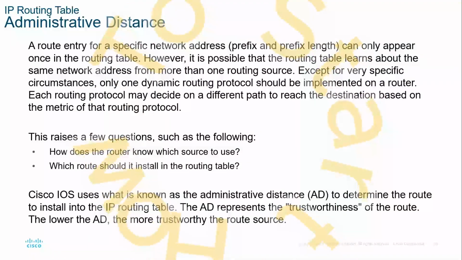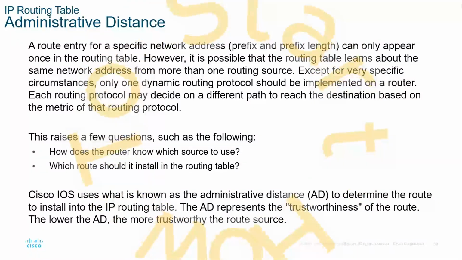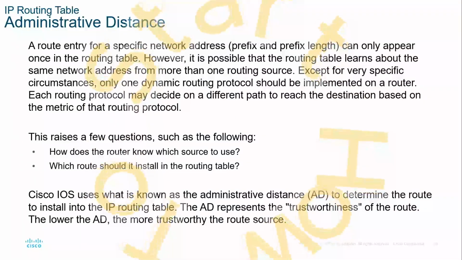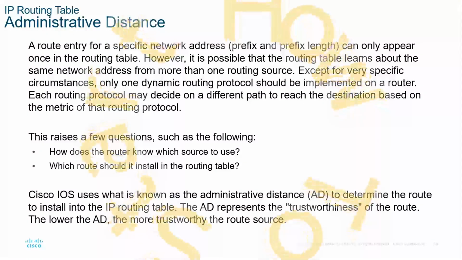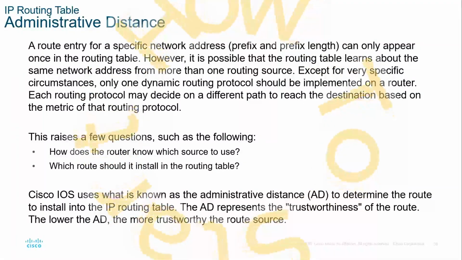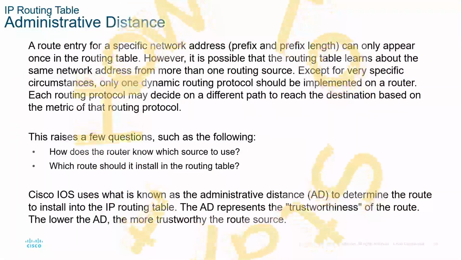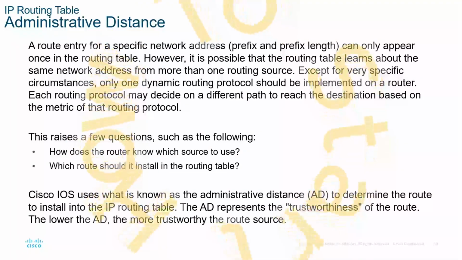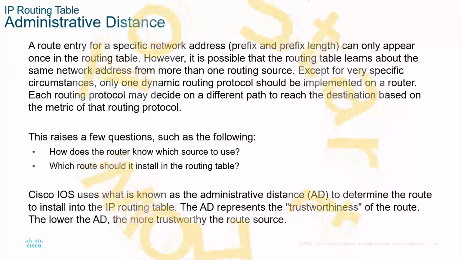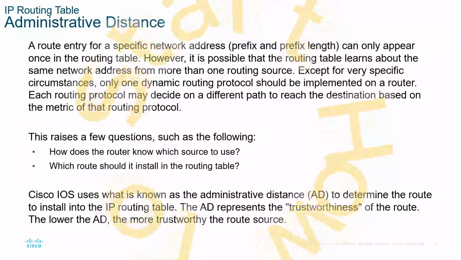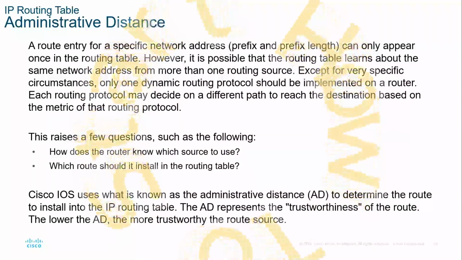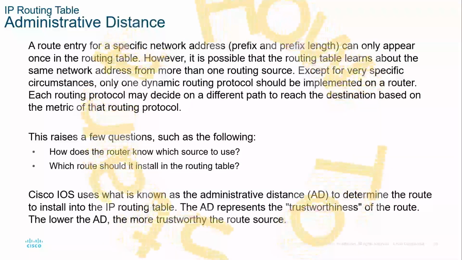The lower the number, the better. A route entry for a specific network address can only appear once in the routing table. However, it's possible to have multiple paths to the same destination. So how do we know which route to take? What we do is we take the most trustworthy route, and that's the route that is put into the routing table.